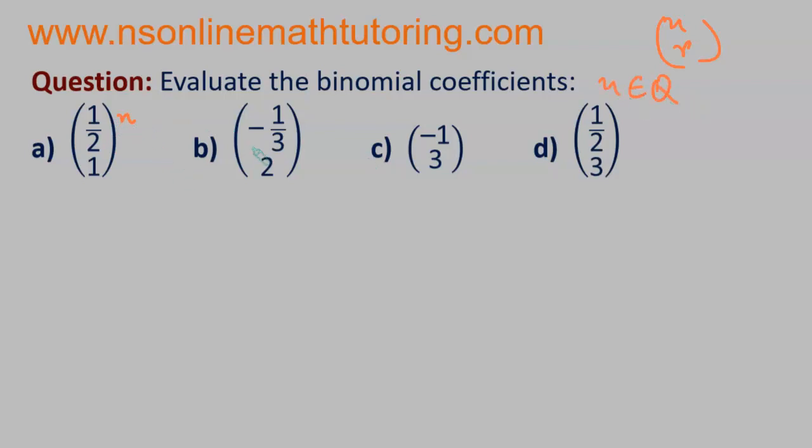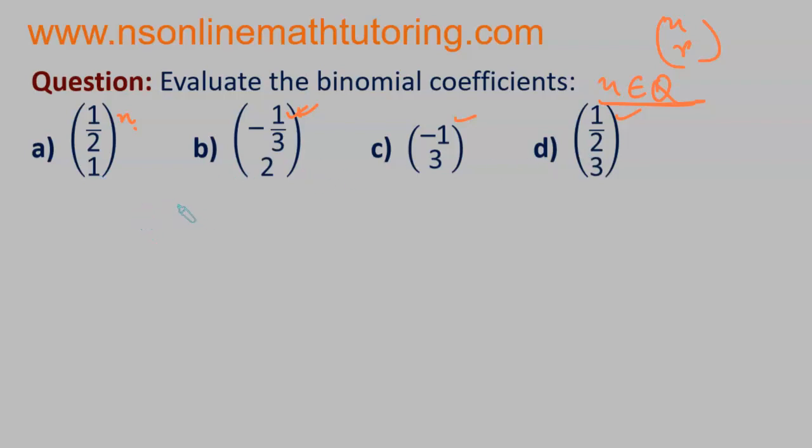I cannot term one of these as a fraction because you don't have negative fractions. This is a fraction, this is a rational number, this is a negative integer, this is again a fraction. So n belongs to the set of rational numbers, and we have to evaluate these NCRs.